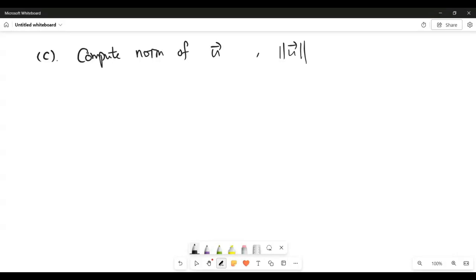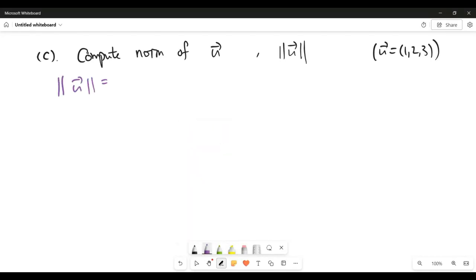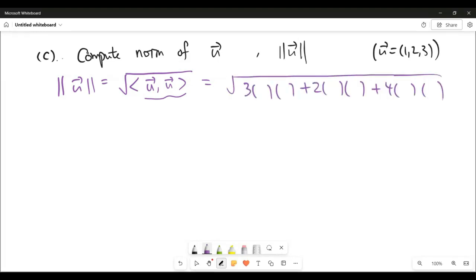In this case, let's try to compute the vector u regarding its norm. Please recall the vector is 1, 2, 3 for the vector u. Now let's do it together by the formula I showed Kate previously. The norm of the vector is the same as the square root of the inner product with itself, right? Please recall that now the inner product is changed. It is not the typical dot product anymore. We have to use the definition that I gave above. Inside the square root, both vectors are the same, both are 1, 2, 3.